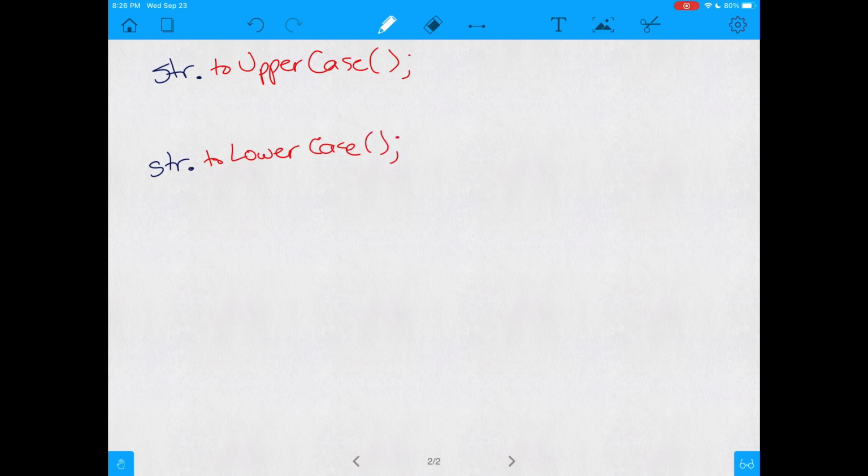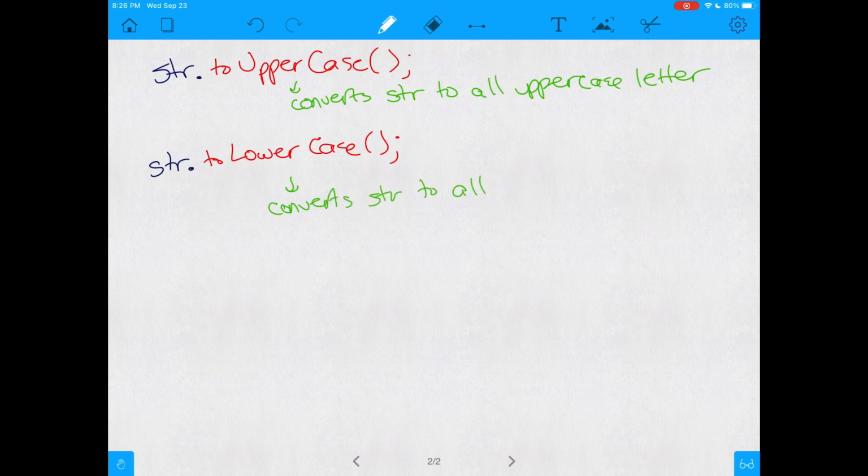Both of these do, again, exactly what you would think. This converts str to all uppercase letters. And this does the exact opposite, converts str to all lowercase letters.